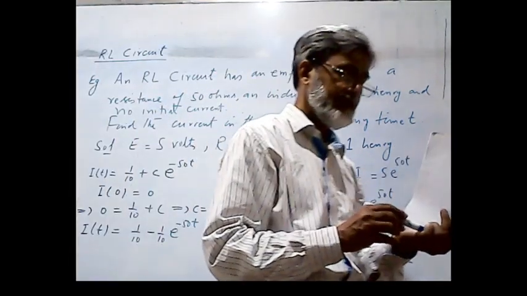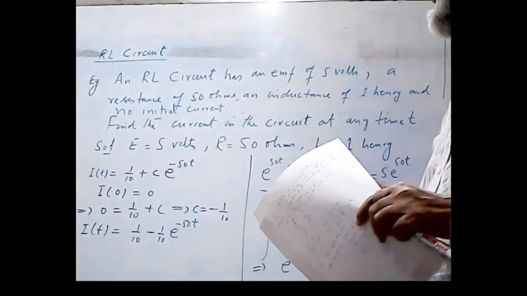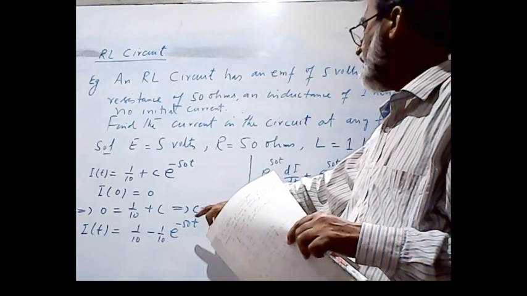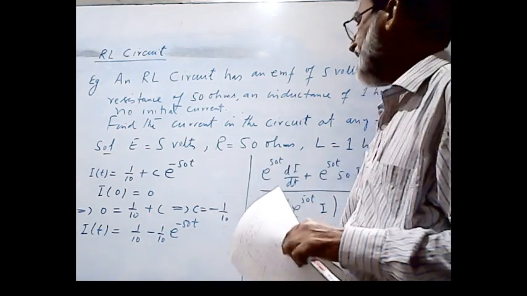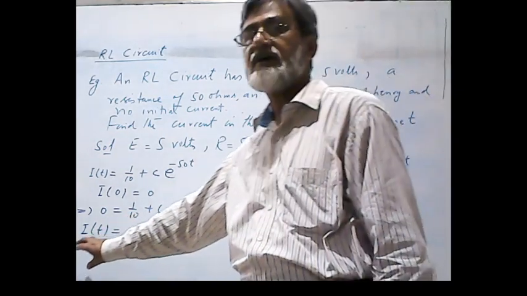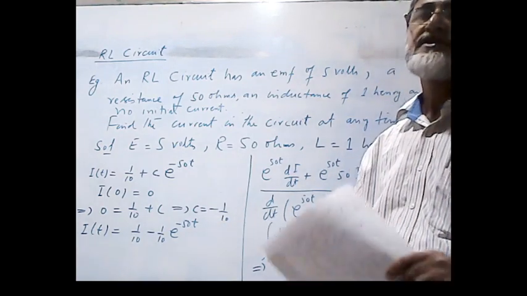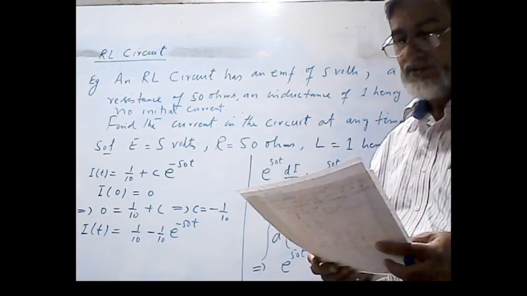Now you can predict the quantity of current at any time t. Put t equal to 5 seconds, or t equal to 1 minute, or t equal to something, then you can find the current. Or you can put the quantity of the current, then you can find the time in which the current is flowing in the circuit.